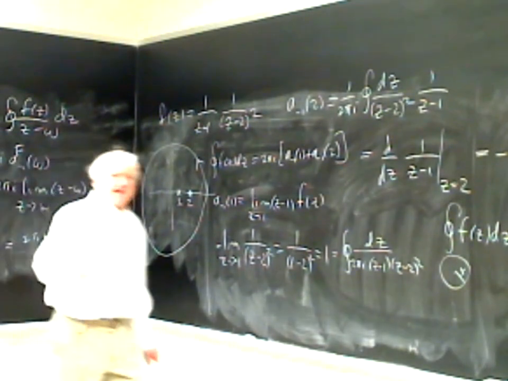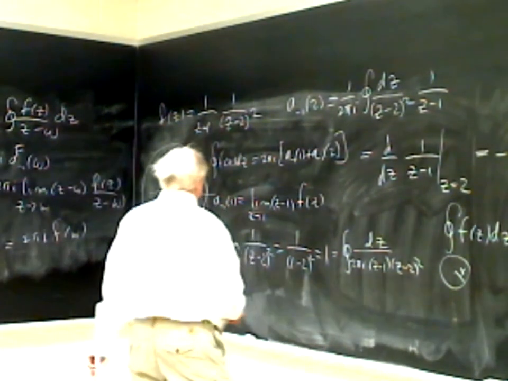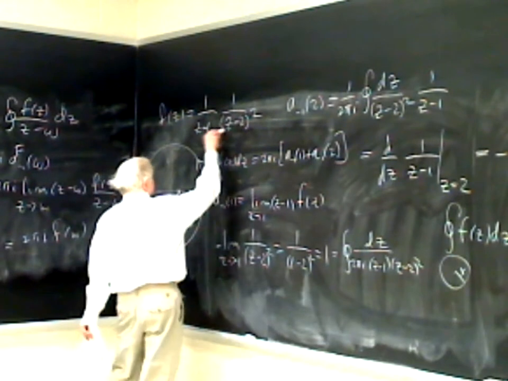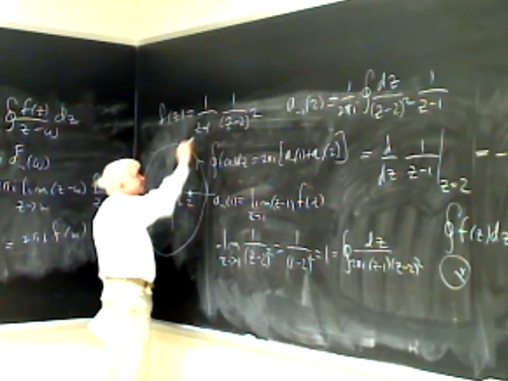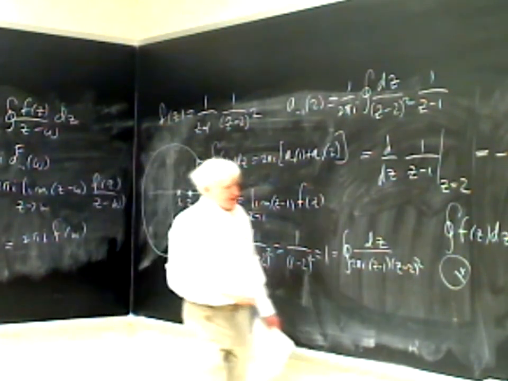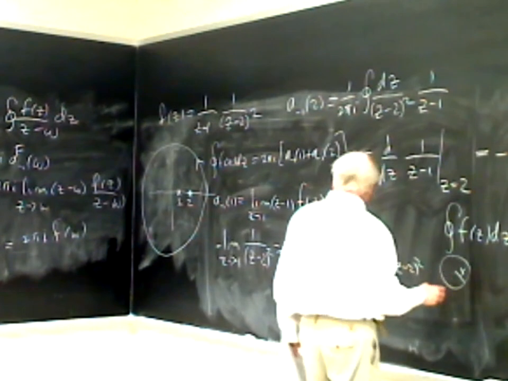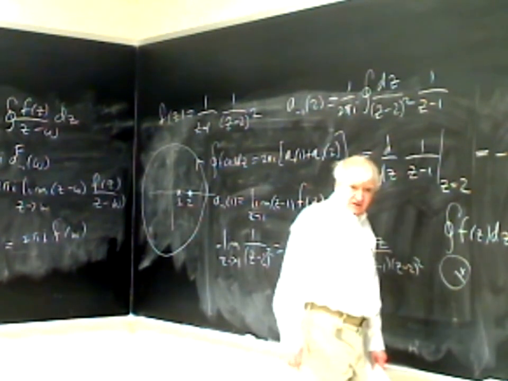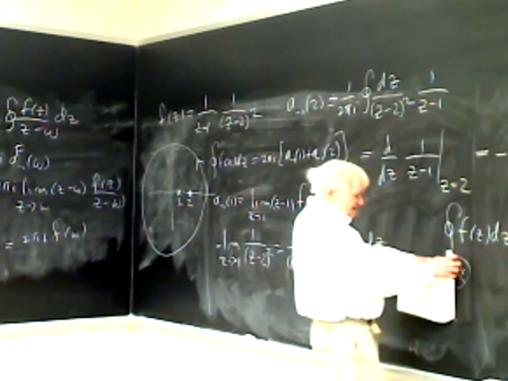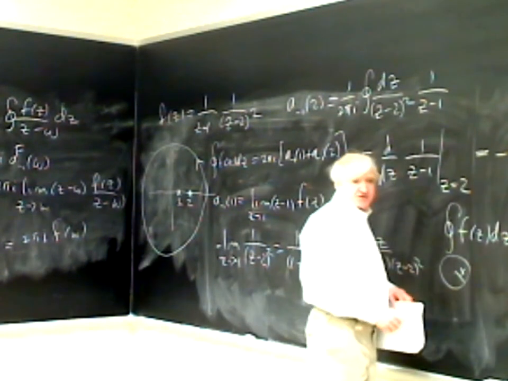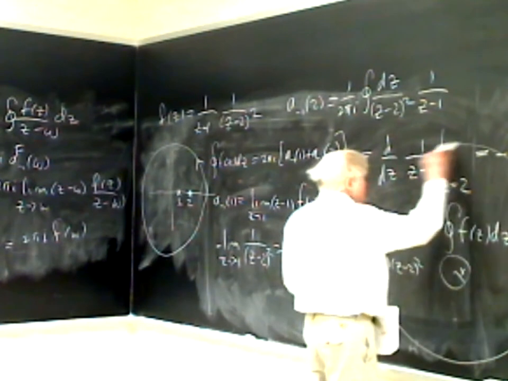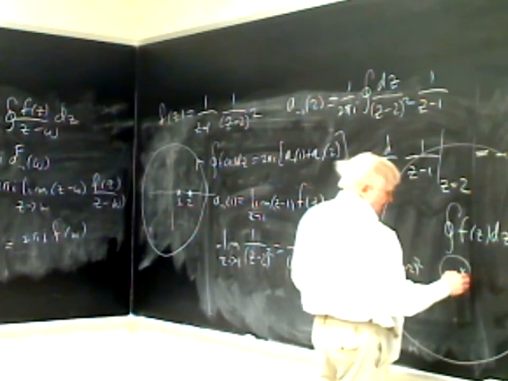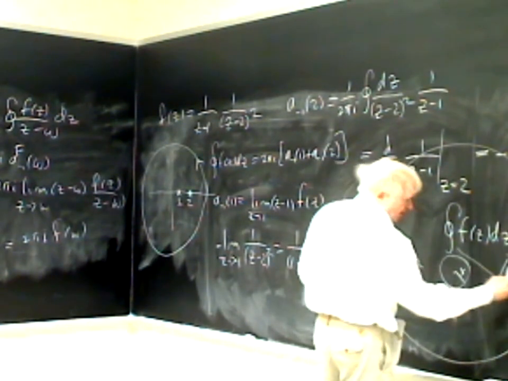However, we could have seen that it was 0 directly, because this function at large z goes down as 1 over z cubed. All the singularities are within the circle of radius 4, so we can expand the contour out to infinity, so that it's just this huge contour of radius r.